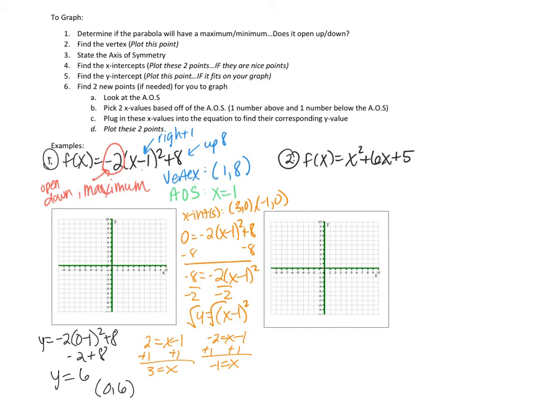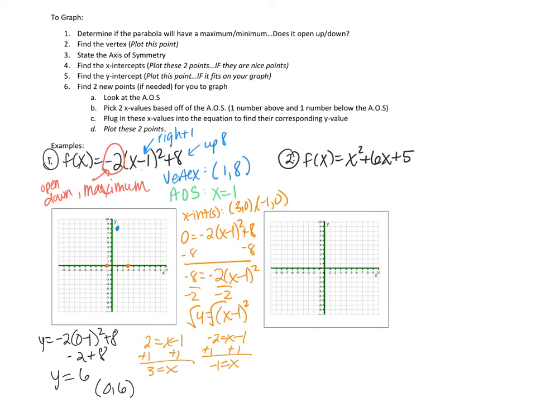So now what I want to do is put everything that I have onto my graph and see what I have. Okay, so I'm going to put my vertex 1, 8 on the graph. I'm going to put my intercepts, which are 3, 0, and -1, 0.